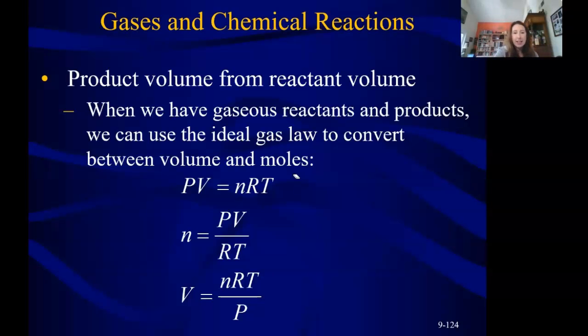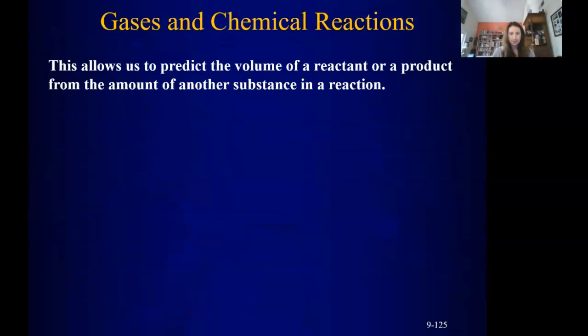Well, if you've got the ideal gas law, you've got moles right there. So a lot of the time we're going to need to go from moles of something to moles of something else. We can use the ideal gas law to do so. Also, we're going to use volumes a lot here, and again, ideal gas law.